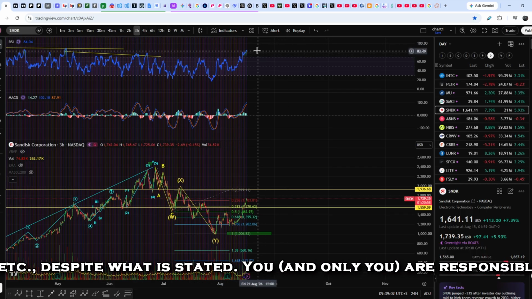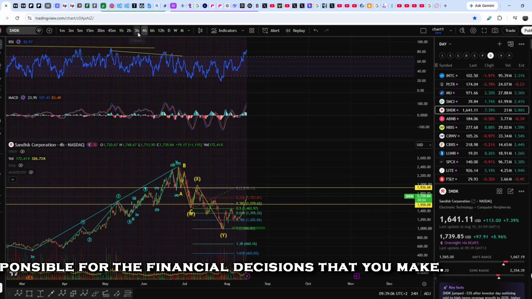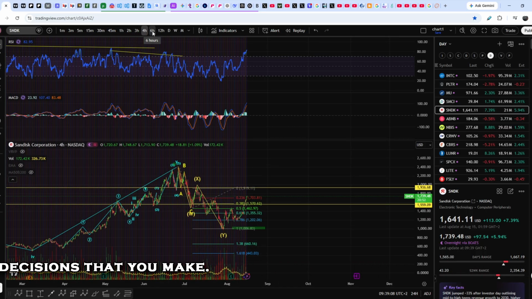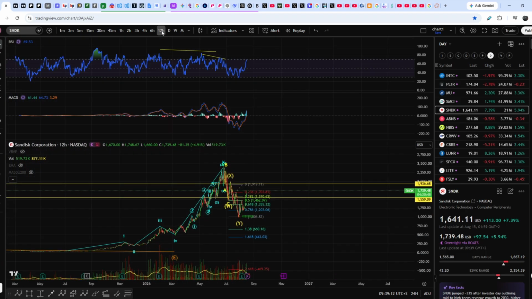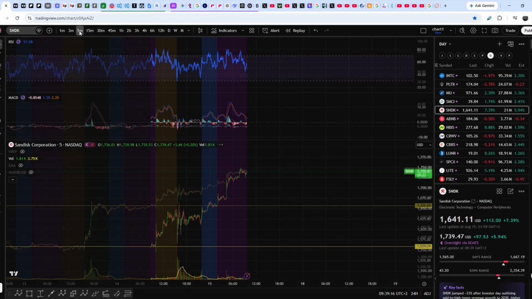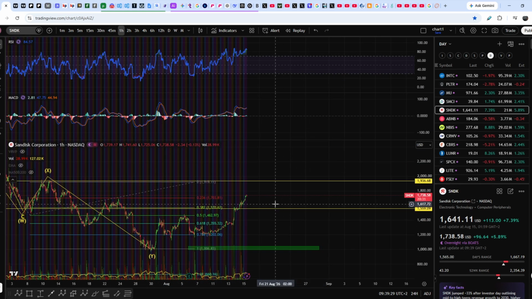It doesn't form any type of bearish divergence on higher time frames from 3 hours through 4 hours all the way up to 6 and 12 hours time frames. That is why, guys, we might expect the trend continuation, but I believe that maybe not Monday, but maybe Tuesday will be a red day for SNDK.